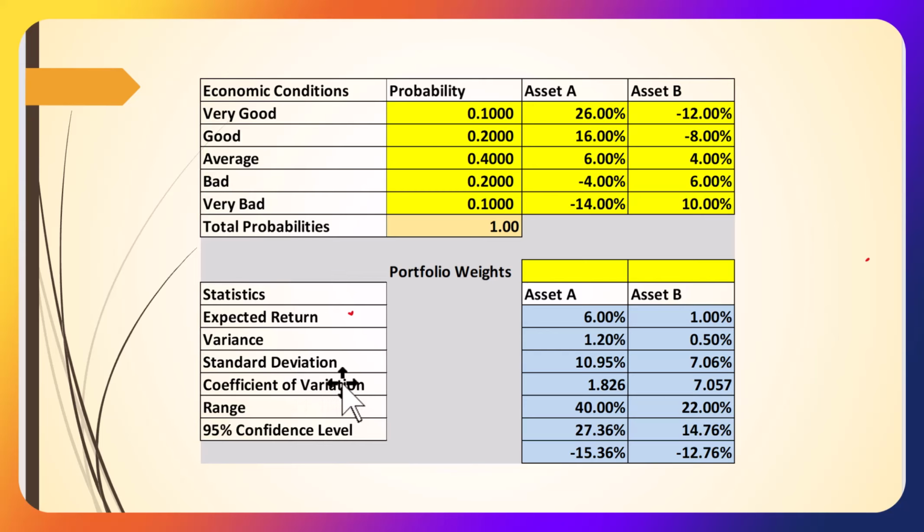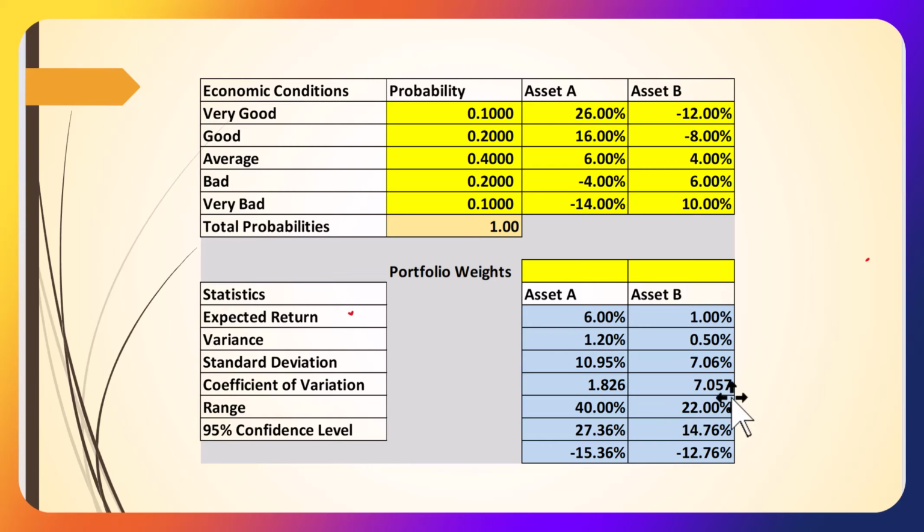Standard deviation is the measure of risk. In this case, you notice that asset A is 10.95, asset B is 7.06. So we would say that in this case, it appears that asset A has a higher risk level than asset B. Now we also have another statistic called the coefficient of variation that's very important when we want to compare assets with markedly differing magnitudes.